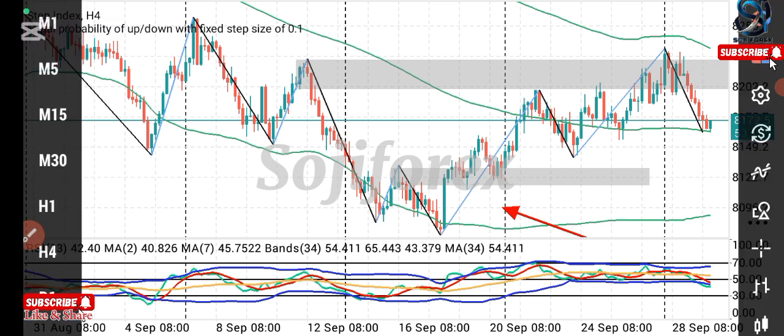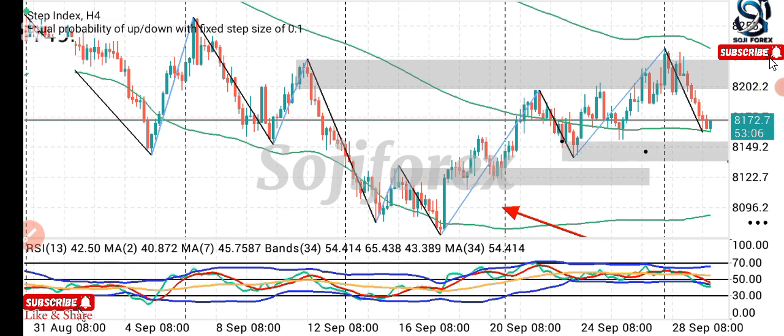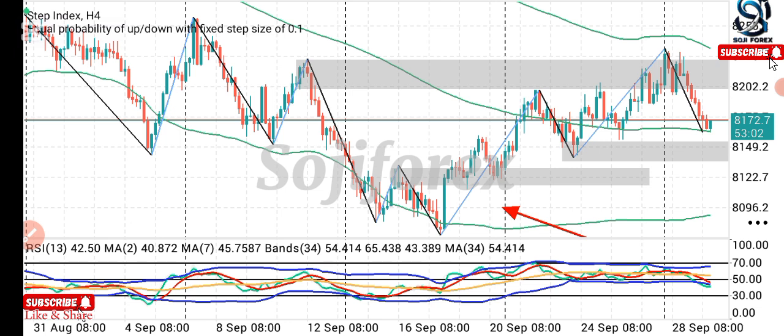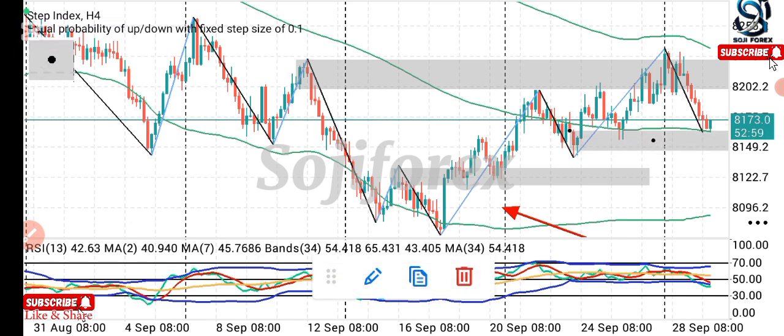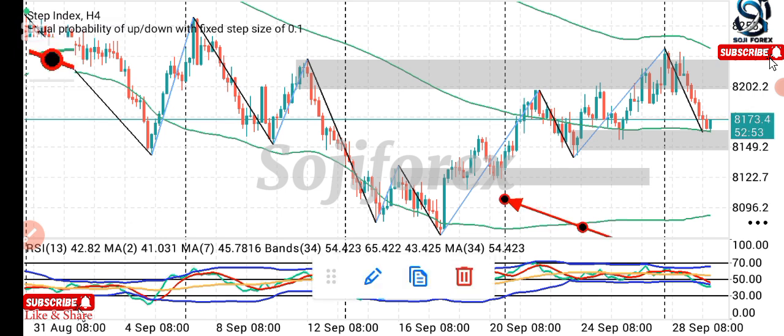Look at this one. We'll have this. That is another zone. Now look at what happened. Price came into this zone.